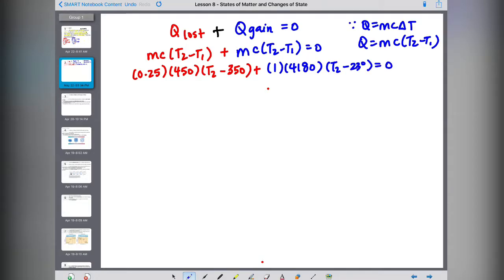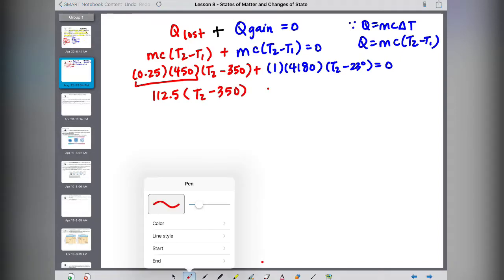So expand it out. So multiply the 0.25 times the 450. So 122.5 into the bracket. So we're going to be expanding after. So this one is already 1, but I'm just going to write this out.